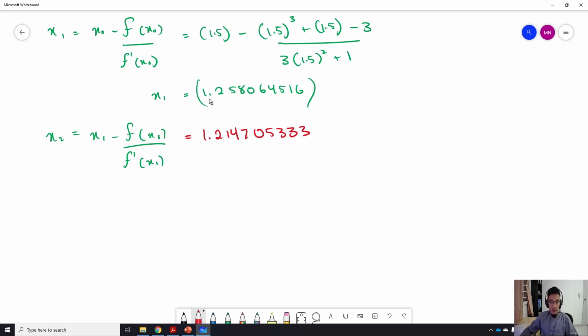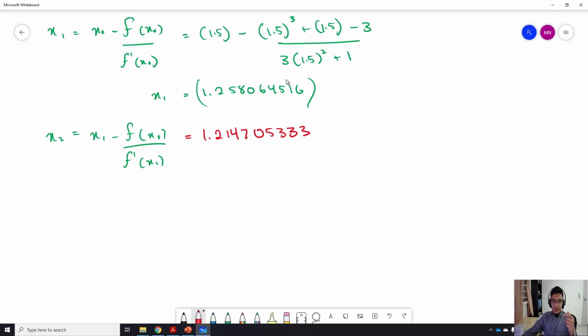Now let's compare the values of x1 and x2. x1 is 1.25806, meanwhile x2 is 1.2147, and the question asks for an answer up to 3 decimal places. At the first decimal place, x1 and x2 are not the same number.